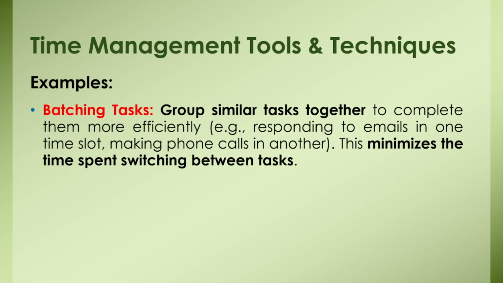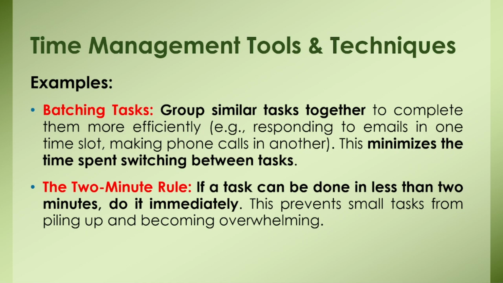Also batching tasks, which means putting the similar tasks together and finishing them in one time slot, to avoid what we mentioned before, which is the brain switching between the tasks, and losing energy and much time in this switching.